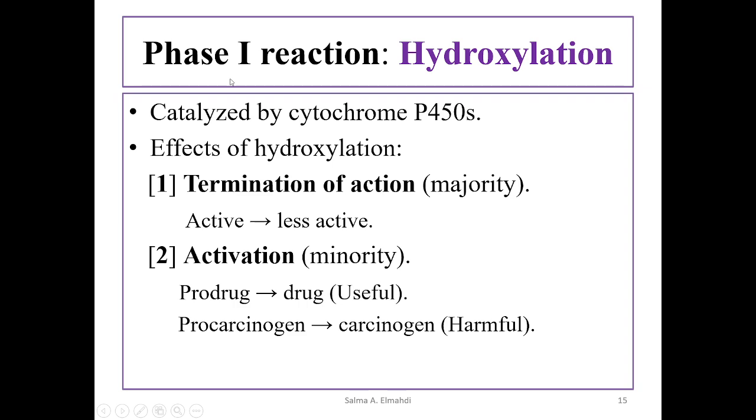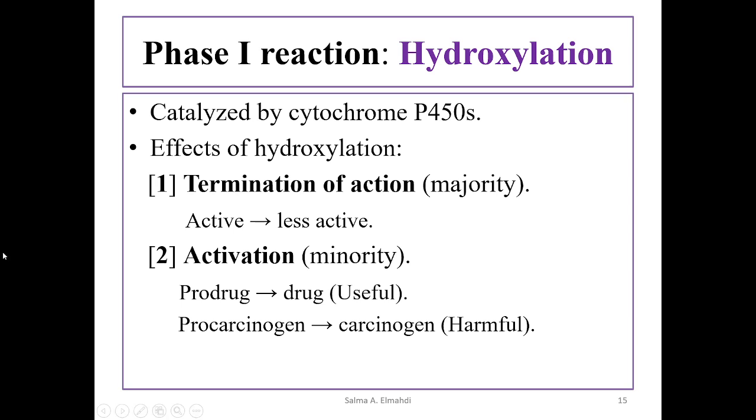Hydroxylation as a phase 1 reaction is catalyzed by cytochrome P450. Effects of hydroxylation will lead to termination of action in the majority. So an active xenobiotic will be less active. In the minority, hydroxylation will make a substance or xenobiotic more active.